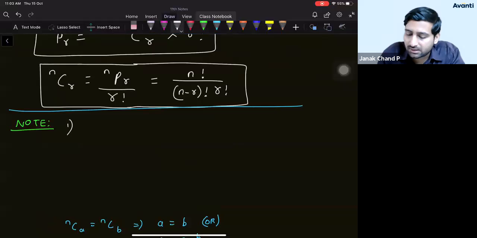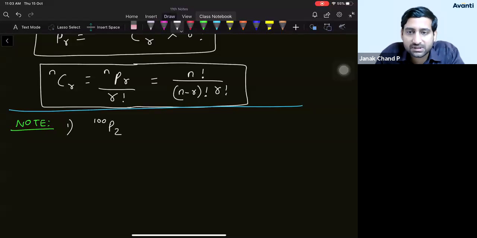First one. We have already learned, student, if we want to calculate the value of, let's say, 100 P2, you should remember, student, the formula of NCR is exactly the same as the formula of NPR, but the only extra thing you should do is divide by the r factorial.